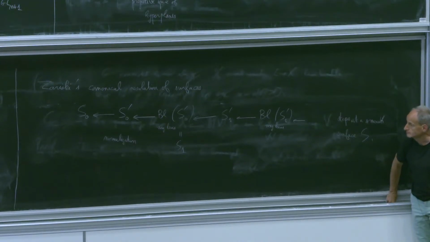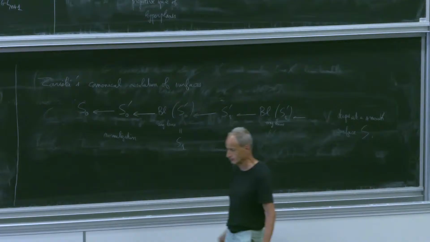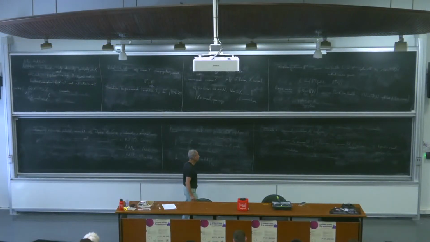And now you remember we discussed some formal considerations in lecture 2 about functorial behavior of group actions. So they lift to normalization and they lift to blow up of globally invariant closed subsets.